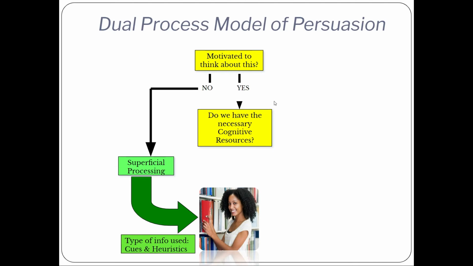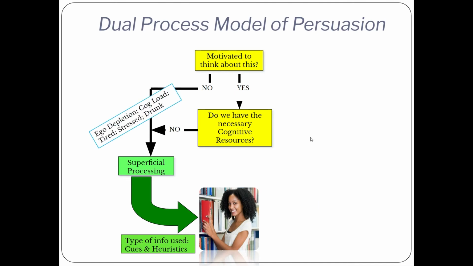And then the next question we want to ask is, if she's motivated to think about our message, does she have the necessary cognitive resources to process the message? Or in other words, does she have the working memory capacity to process the message carefully?